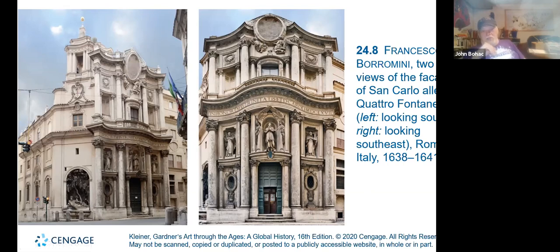I went to a talk once where the speaker was talking about the difference between Renaissance and Baroque architecture. And she said, and it's stuck in my mind because I've not been able to disprove this, that in the Renaissance, it was all about geometry. It was about circles, triangles, squares, and rectangles. It was geometry that ruled the architecture.